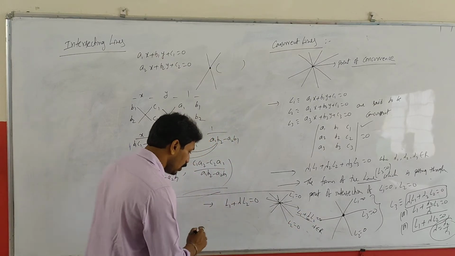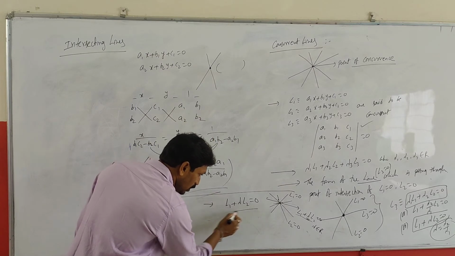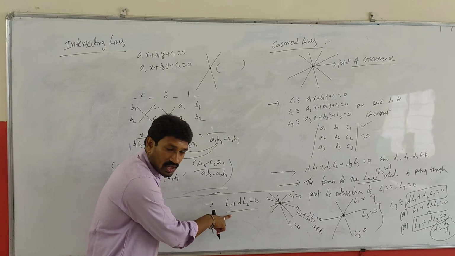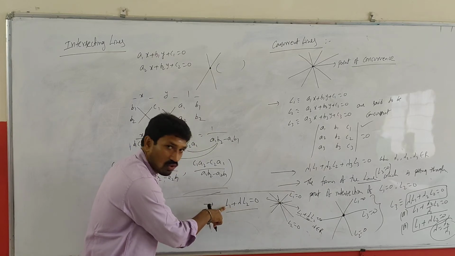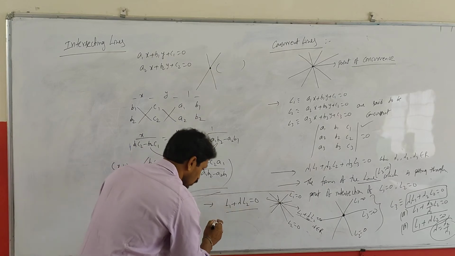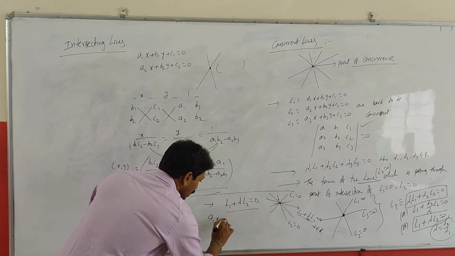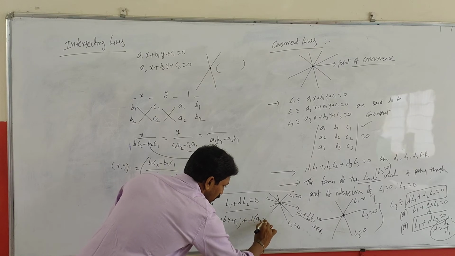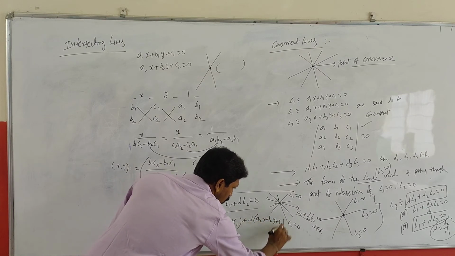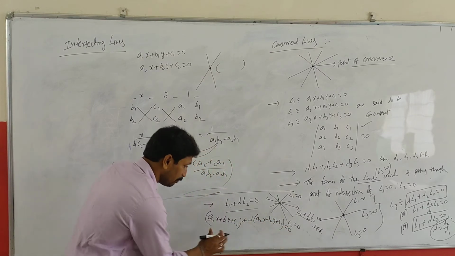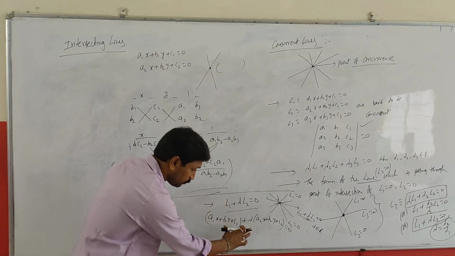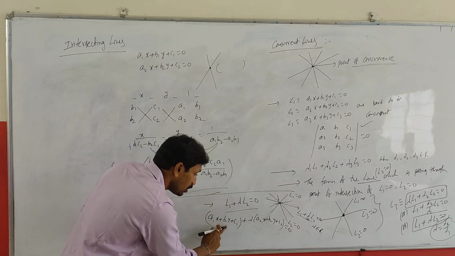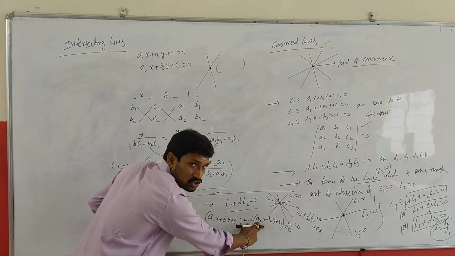Whenever the line equation is in this form, L1 is one line, L2 is another line. If you take one example, a1x plus b1y plus c1 plus lambda into a2x plus b2y plus c2 is equal to 0, this represents the family of concurrent lines passing through the point of intersection of these two lines.